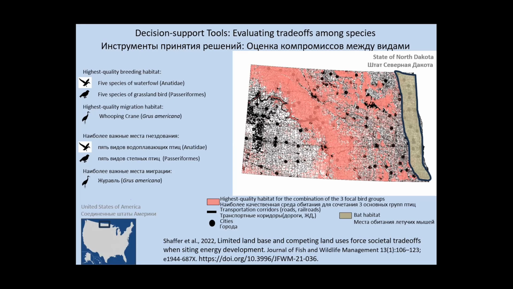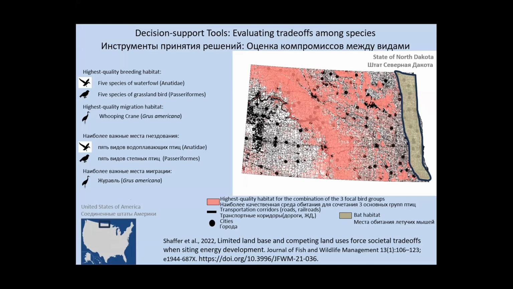If biologists and wind energy developers wanted to lessen the impact of development on these 3 groups of birds, they would place facilities in the white areas or maybe in the tan area. However, the tan area is the high quality habitat for bats.